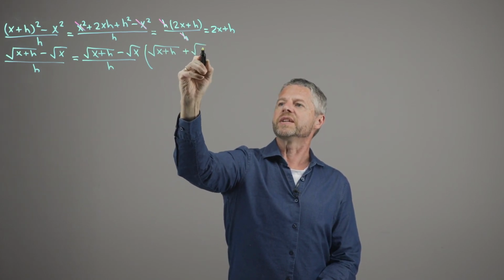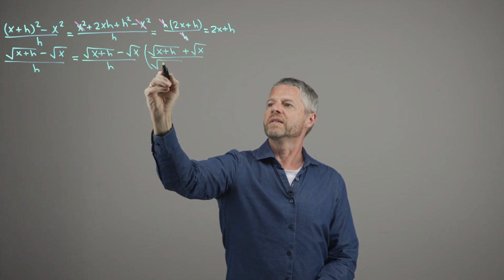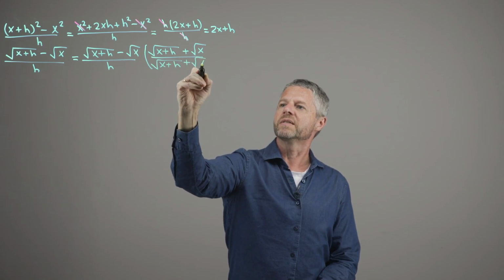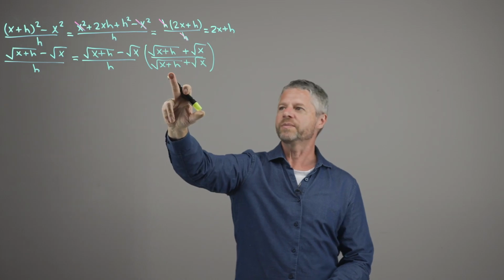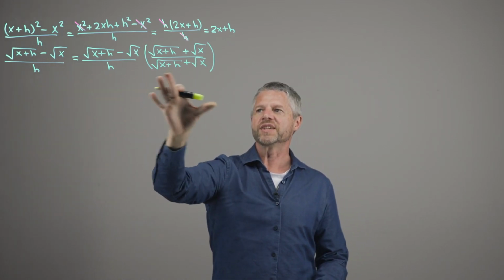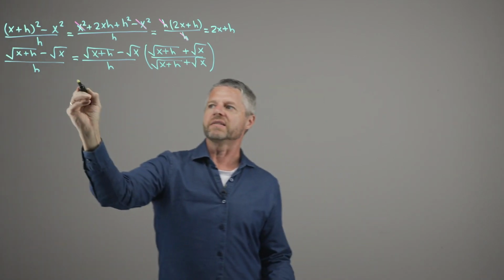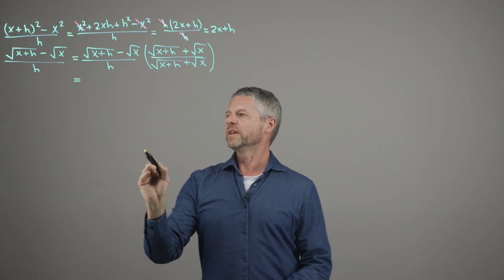So that's the same thing, just with the plus sign. And then if I do the same thing in the denominator, this fraction is just 1. So I'm not changing the value of this thing, but maybe I can make a little bit of headway in simplifying it.